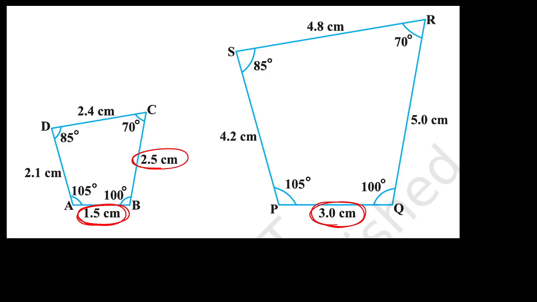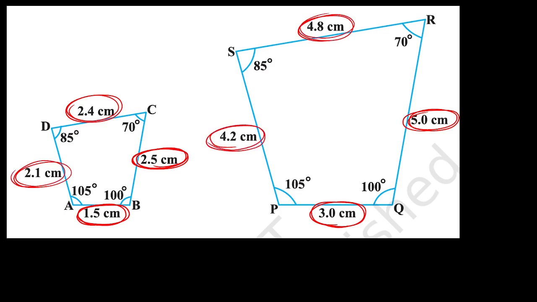What is 2 times this side? It is 5. Correct. And what about 2 times this side? It is 4.8. Correct. And what about 2 times this side? It is 4.2.